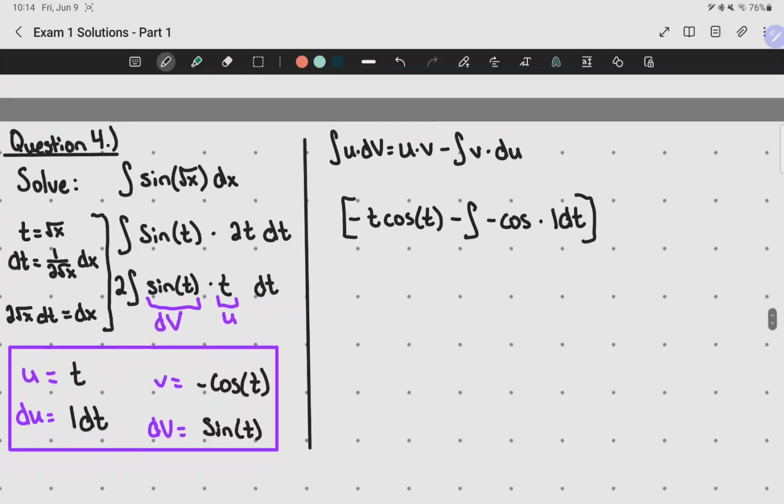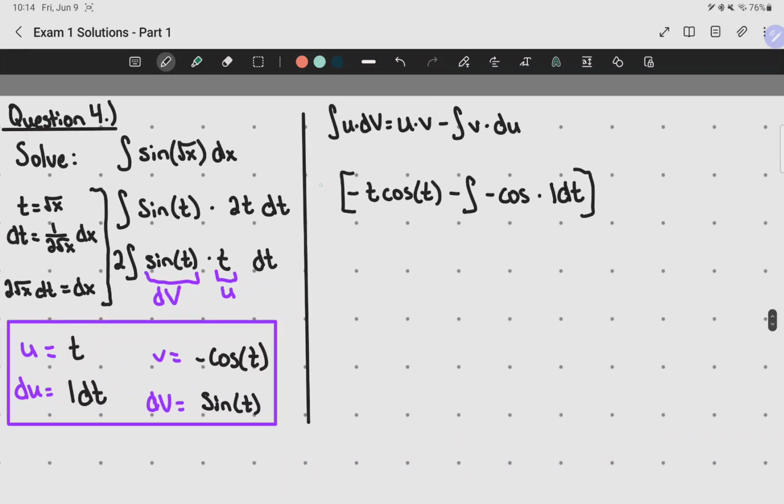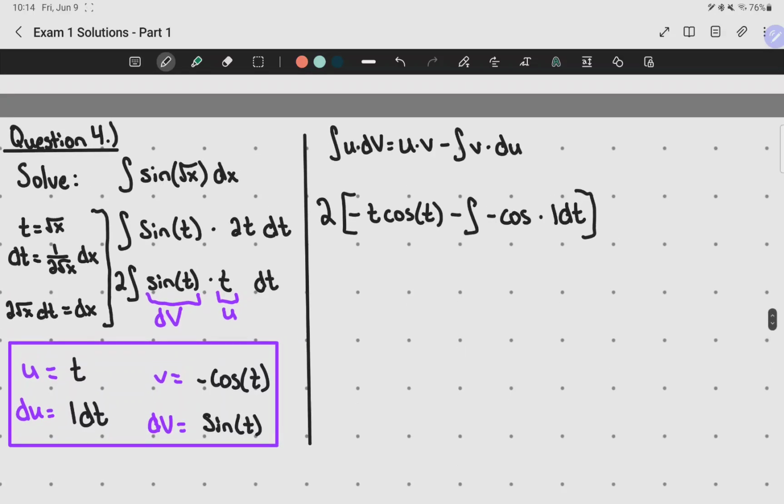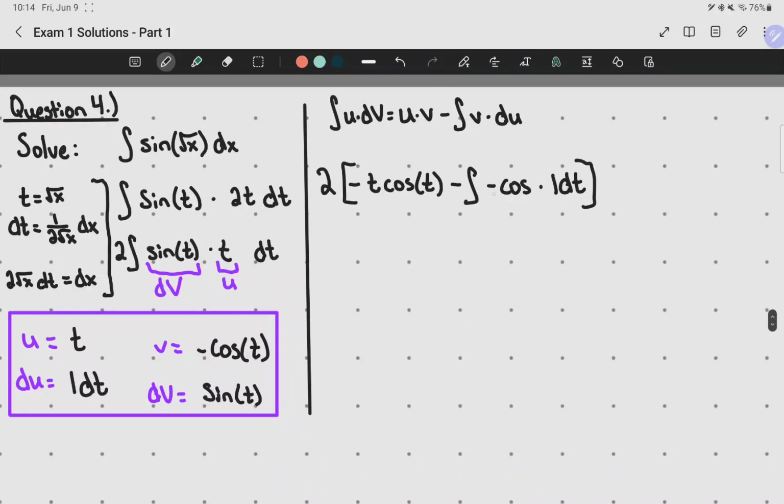Which will leave us with a positive. And something that I do not want to forget is that 2. Don't want to forget that 2. So I'll clean it up before I do the math on this. What we have is 2 in brackets, negative t cosine t plus the integral of cosine dt.